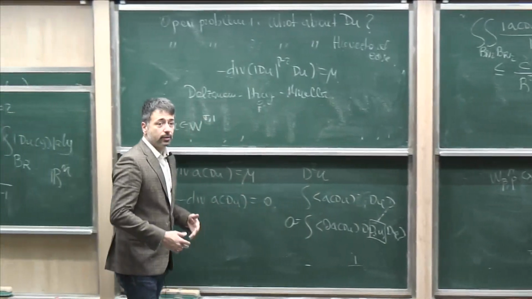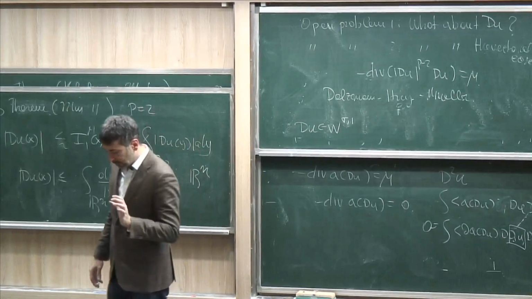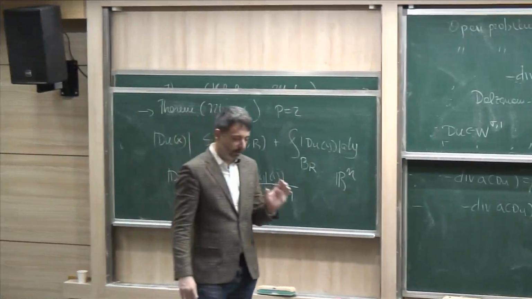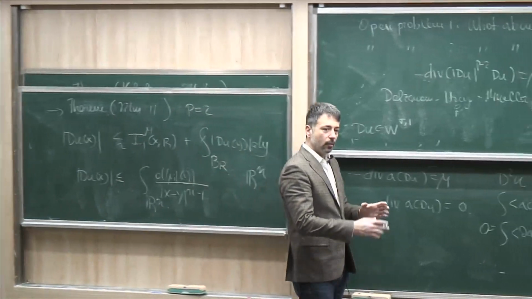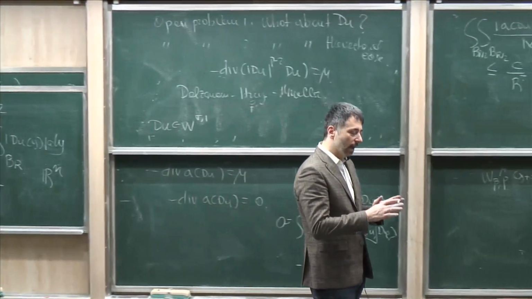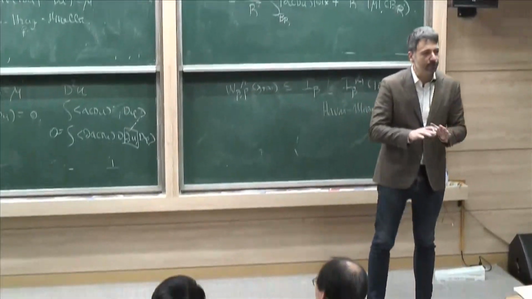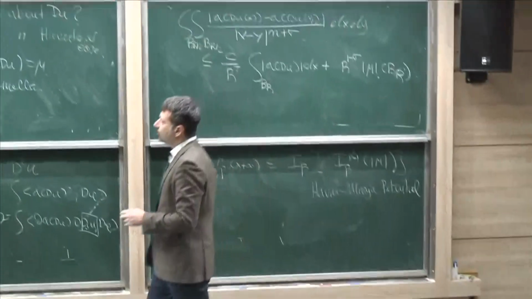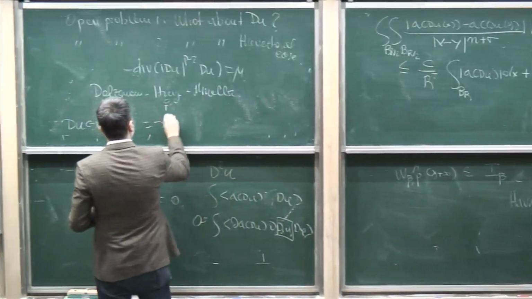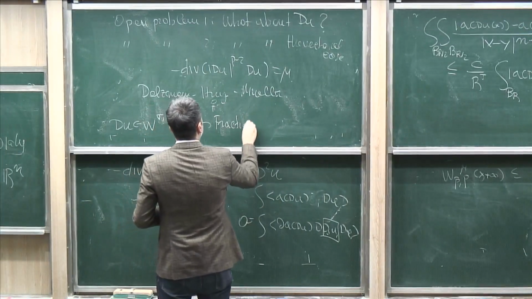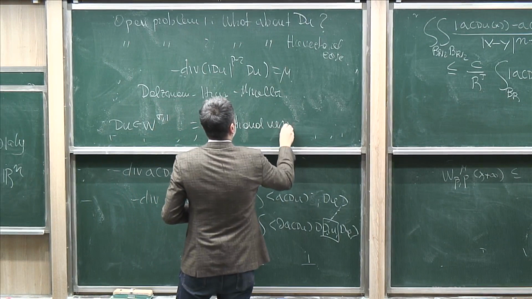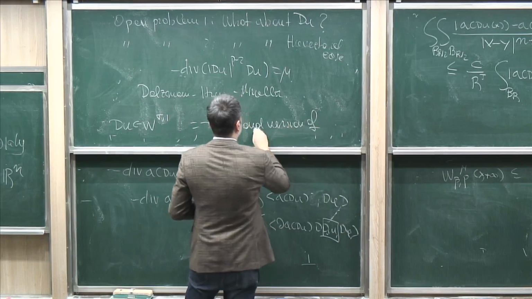Once you get this, and you do this in a very delicate way using a sort of nonlinear Littlewood-Paley decomposition, where the atoms you're using are not harmonic functions, but solutions to homogeneous equations, then you run a fractional version of the De Giorgi iteration.